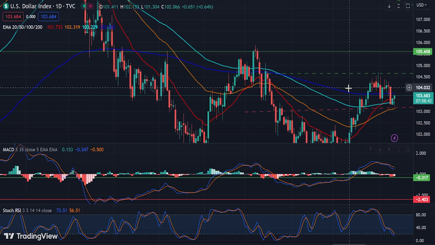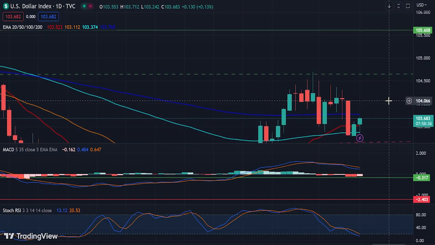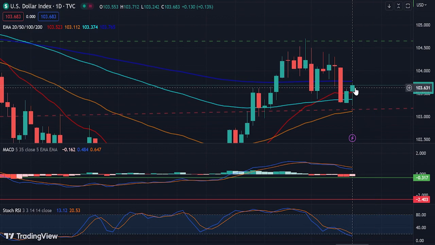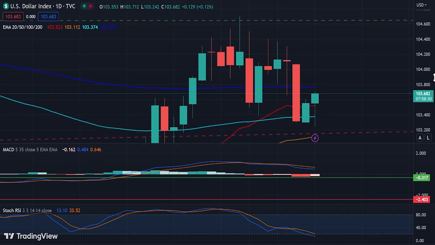So if we take a look here at the dollar, we're seeing that it's currently up for today. That's the Monday candlestick right there, and it did start off as a bullish hammer. So there's a possibility that it's going to go up.